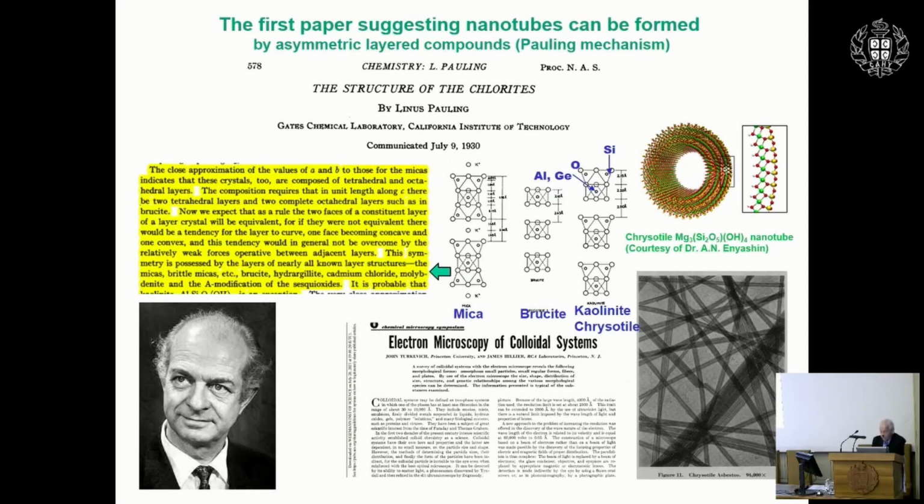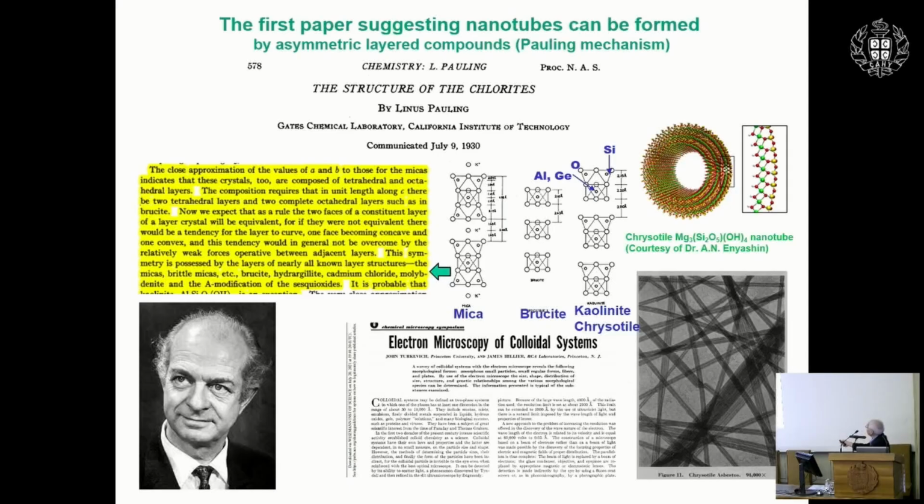My first few slides will be introductory, basically. This is the work of Linus Pauling, which was published in 1930. He distinguished between two kinds of layered compounds, two families: the symmetric and the asymmetric. The asymmetric ones are like alumosilicates.